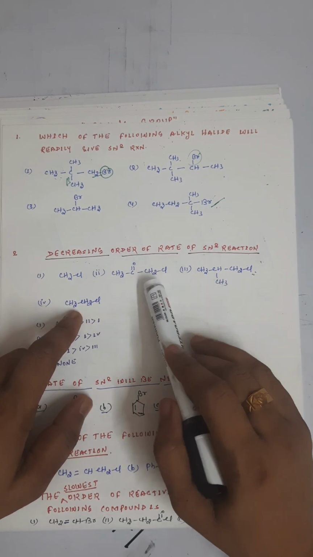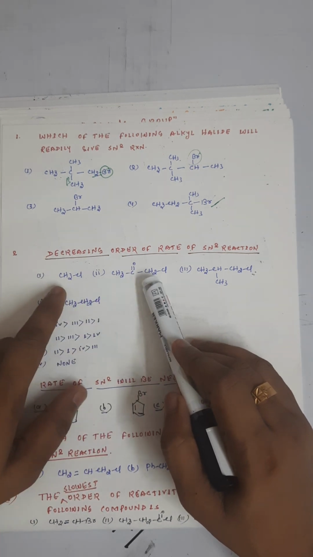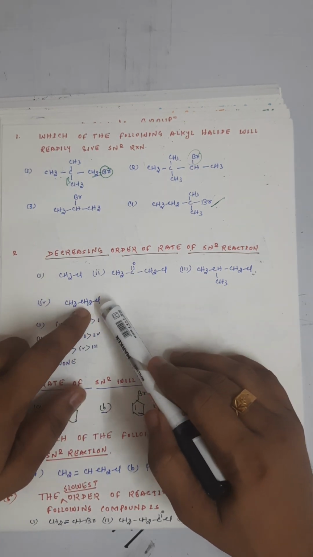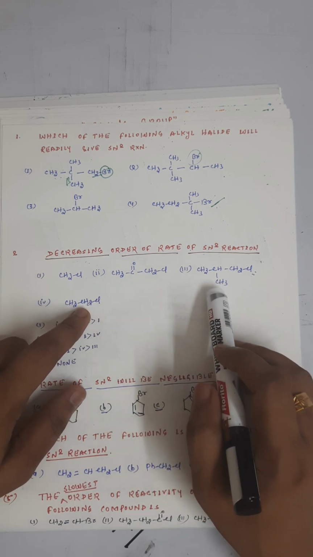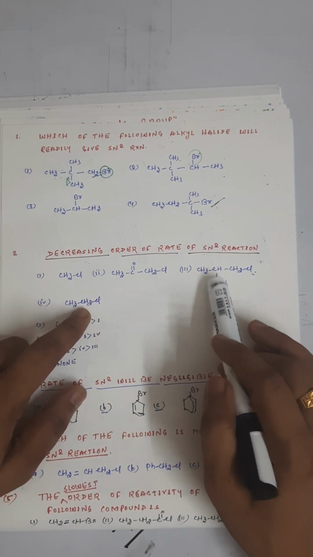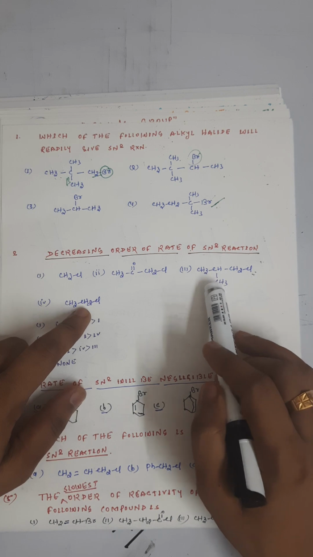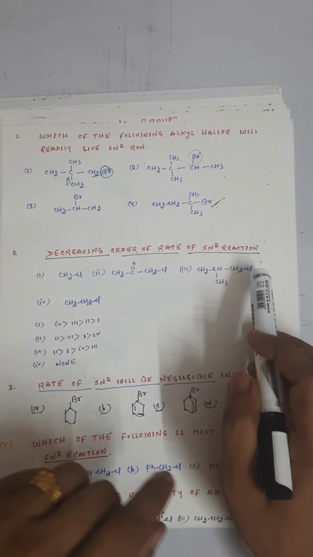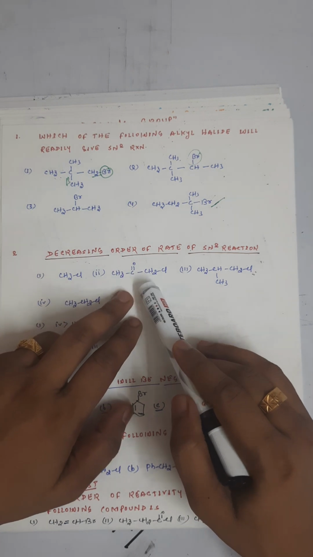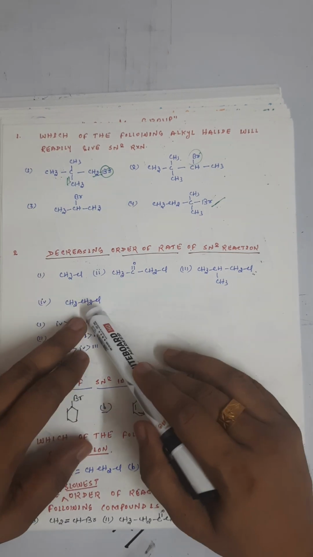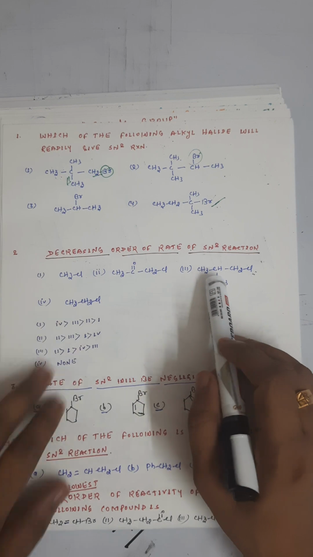Excellent, then good, then average, and here very poor, because again there is a beta position, not too hindered, but okay. This is the order.